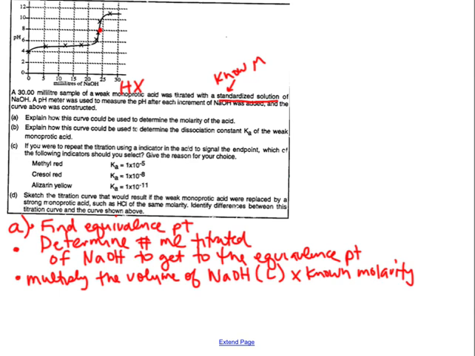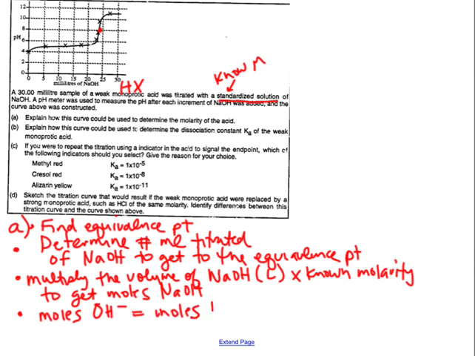When we multiply volume times molarity, we get moles, so we do that to get moles of NaOH. The definition of the equivalence point is that the moles of the base equal the moles of the acid, especially in this situation where it's a monoprotic acid. So knowing the moles of NaOH, we then know the moles of H+.